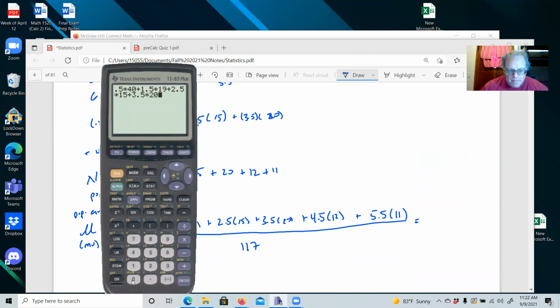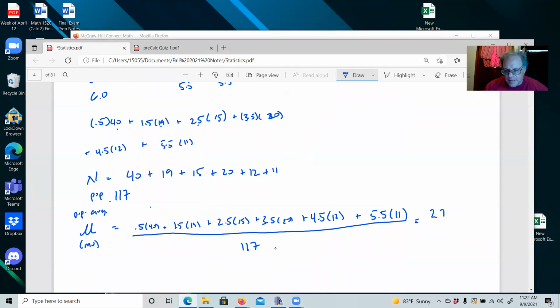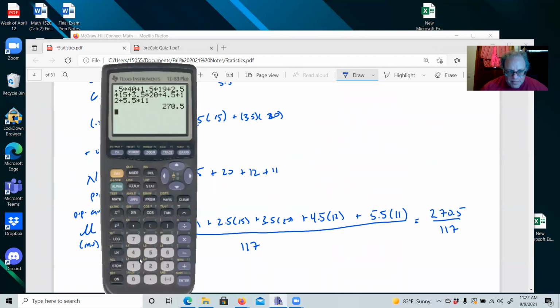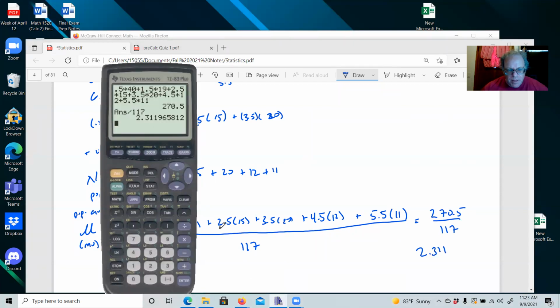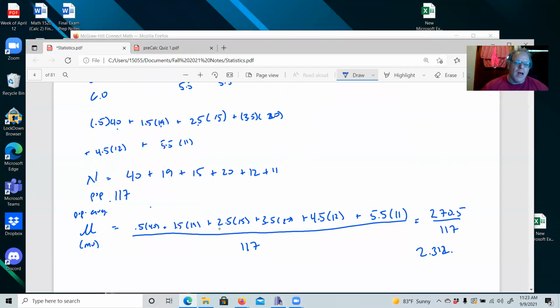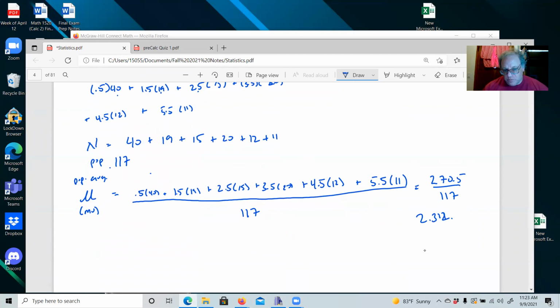Plus 4.5 times 12, plus 5.5 times 11. So it's 270 divided by 117, which is about 2.3. All right, now that is my average. This was mu.